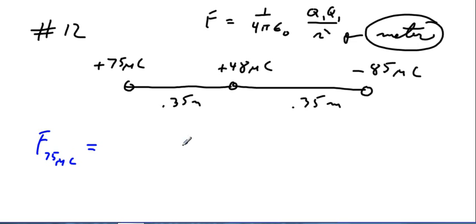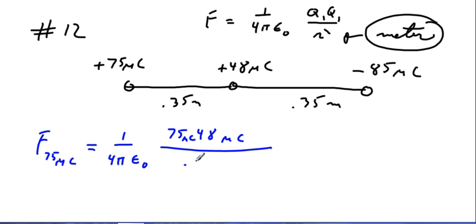So we have 1 over 4 pi epsilon naught, 75 times 48 microcoulombs, divided by 0.35 meters squared. And we see that that's a repelling force, so I'm going to put a minus sign there. And I see that the other force is going to be attracting, so we'll put a plus sign there.